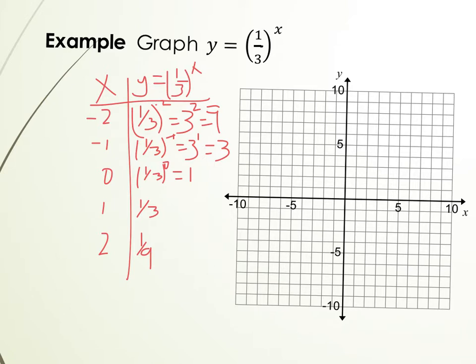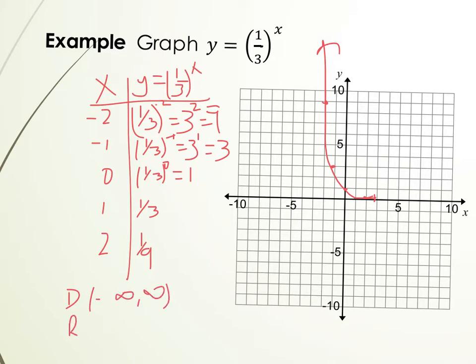So -2, 9 when we go to graph. -1, 3. 0, 1. 1, 1/3. And then 2, 1/9. Okay, note to self, our domain again is all real numbers.